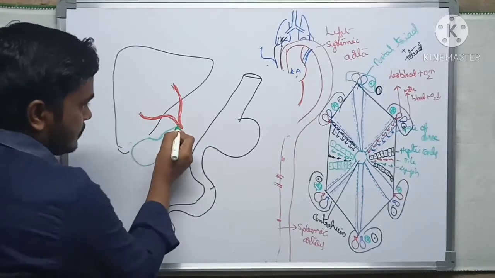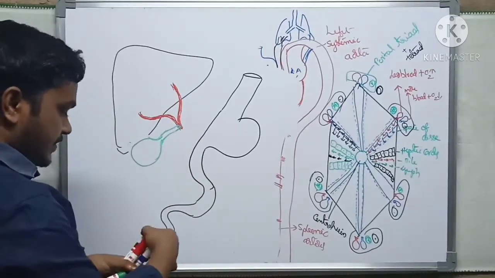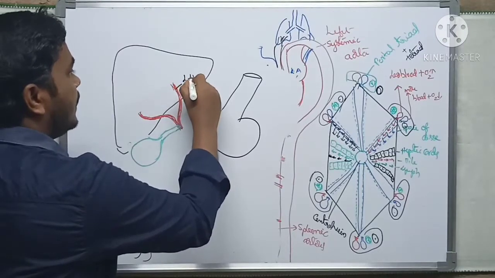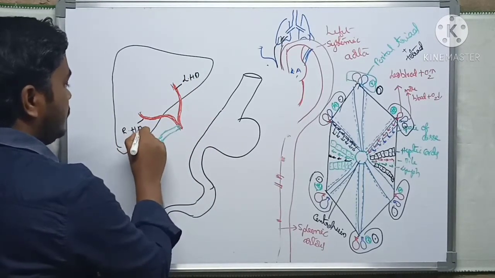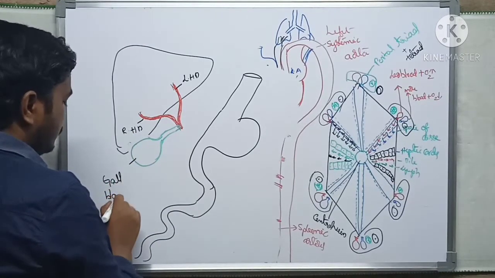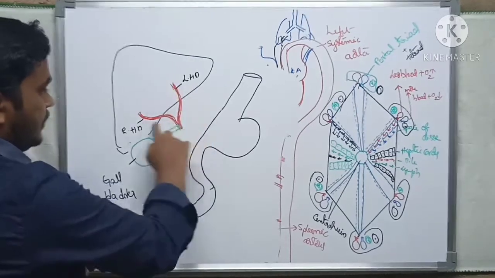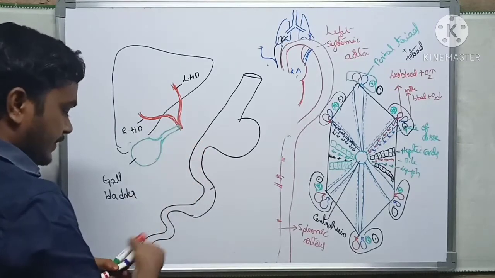This part is called the common hepatic duct. Let's denote them. First, this is the left hepatic duct. This is the right hepatic duct. This part is called the gallbladder. So the right and left ducts are fused to form the common hepatic duct.